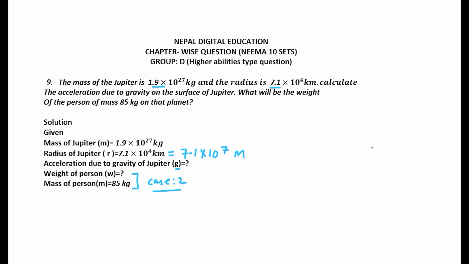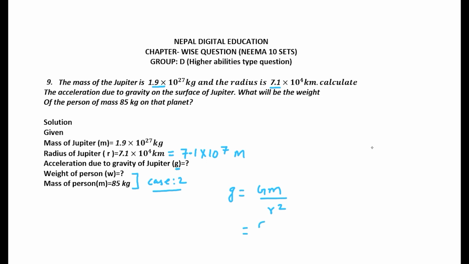So we have the formula: in the first case, g equals GM by r square. We know that the value of capital G is fixed, that is 6.67 into 10 to the power minus 11 Newton meter square per kg square.